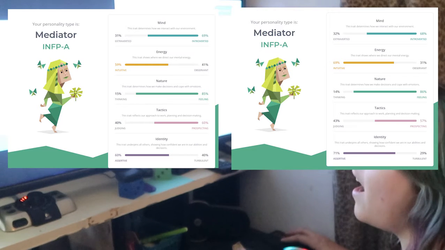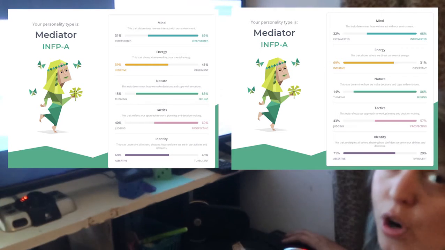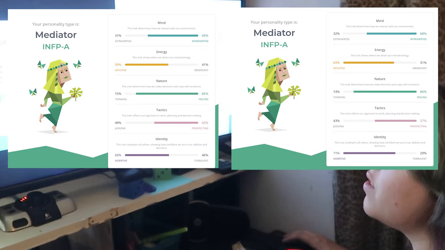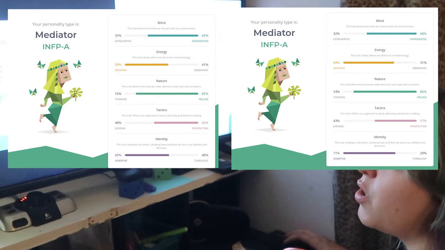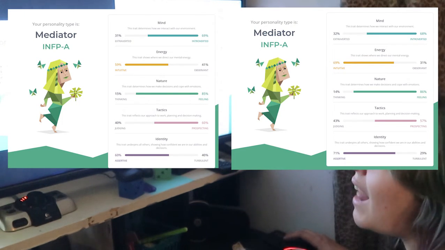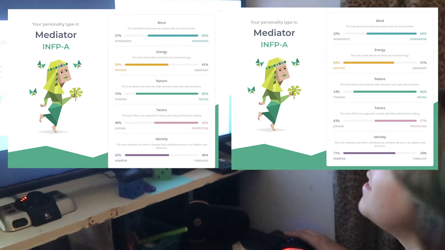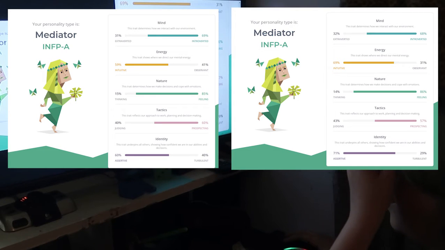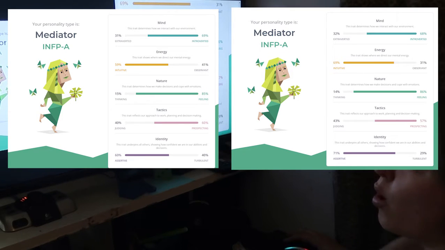On that day I was feeling apparently 1% more introverted than I am today. I was feeling 10% more observant, or less intuitive. I was feeling 1% less feeling, or more thinking. And I was feeling 3% less judging, or more prospecting.